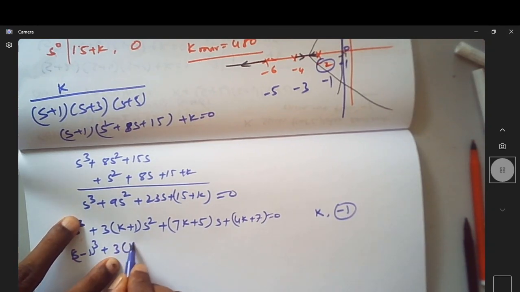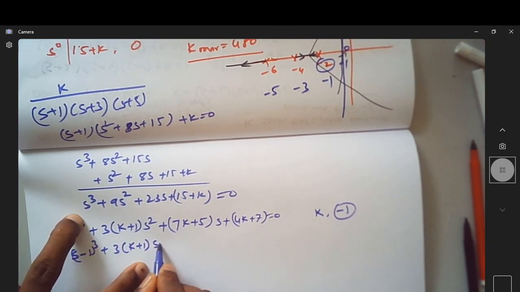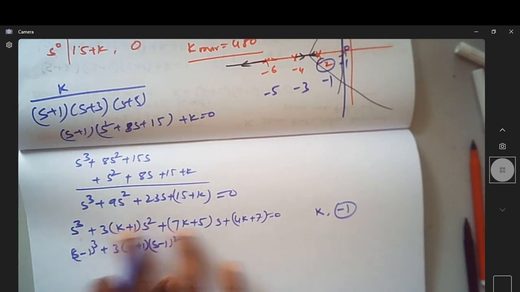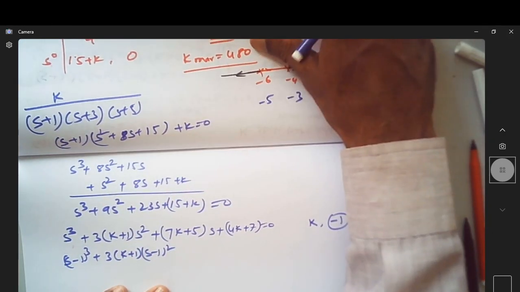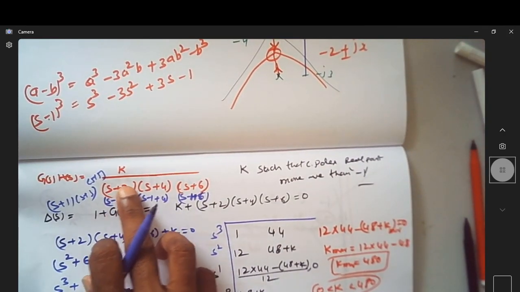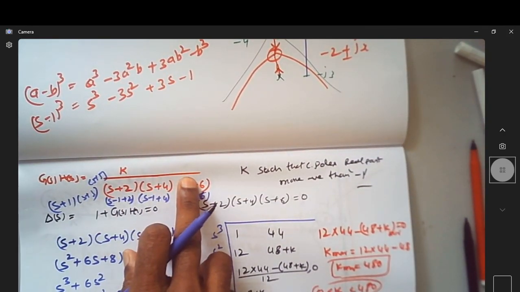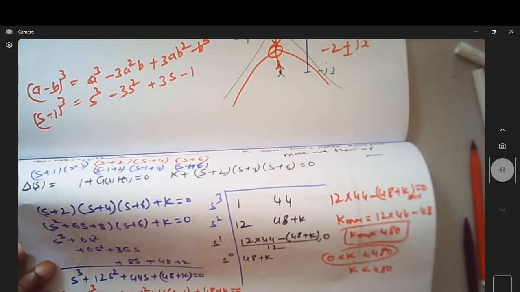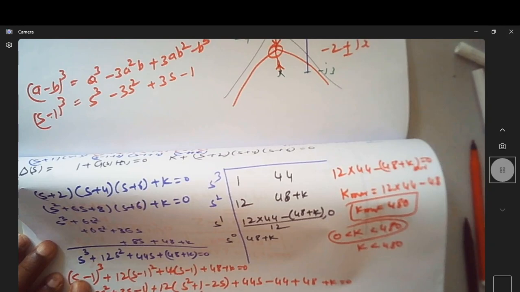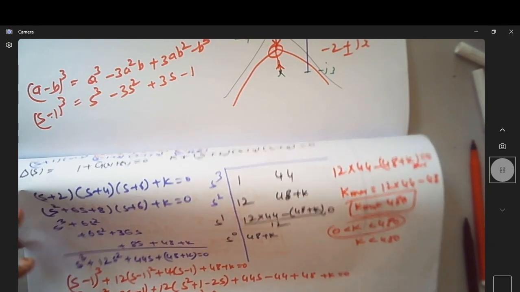replacing again each s by s minus 1, because I don't know where the poles are, since I have been given a characteristic equation. In the previous problem we started with the open loop pole position, obtained the characteristic equation, then substituted s by s minus 1 and wrote the modified characteristic equation.